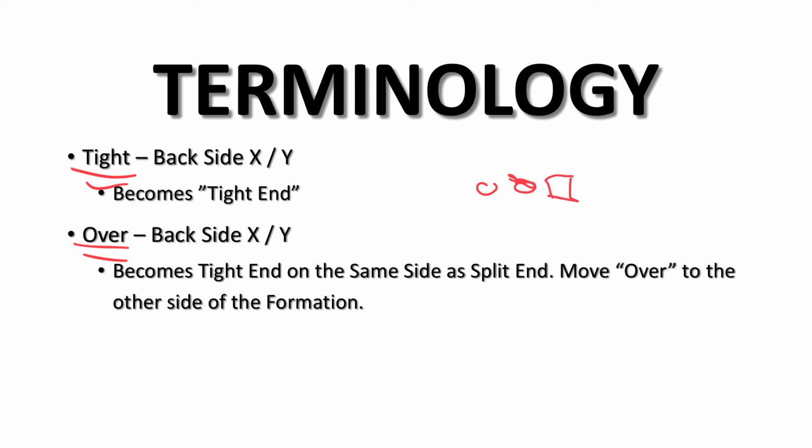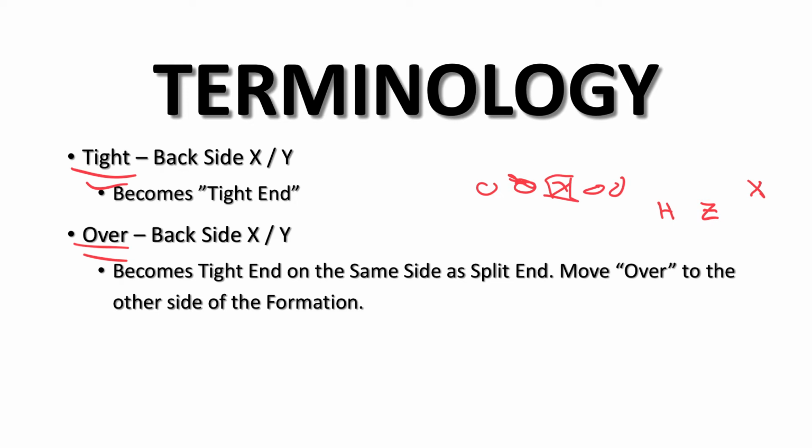If we're in trips right, we would have H, Z, X, and then the tight tag is for the backside receiver. These only apply to your split ends, so they don't apply to your H and your Z. That's another one of those alwayses. So whichever side we're talking about, it's either the X or the Y.